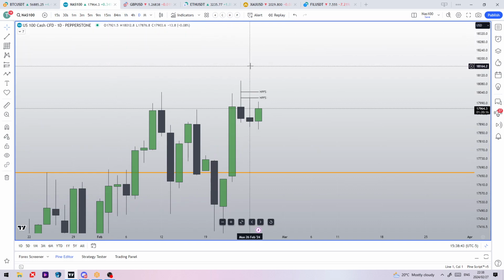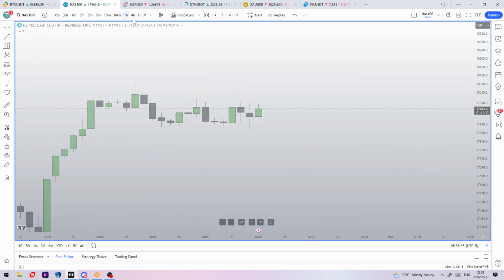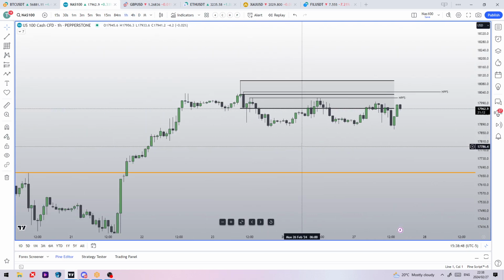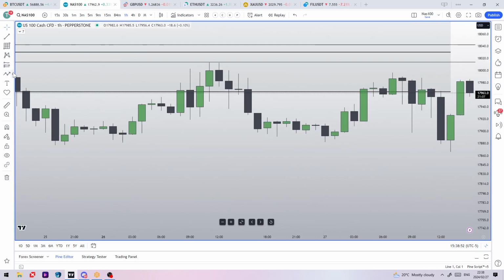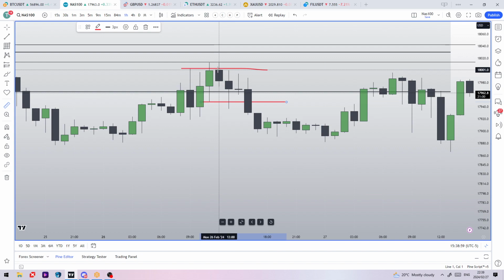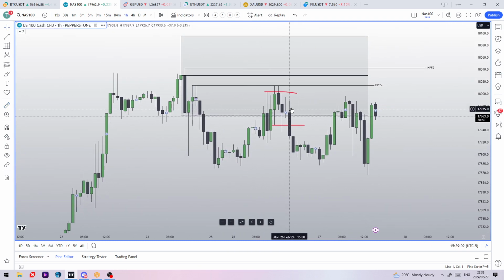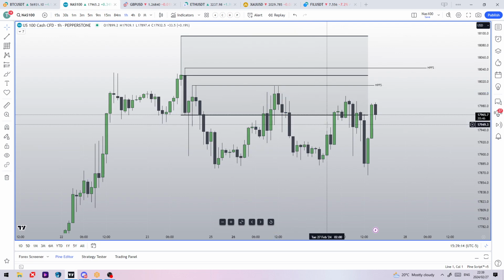Use that on a daily, on an H4, on an H1. You could frame ideas all over the show based purely on this. Some of you, 15 points are enough. This is 50. Find the idea of willingness, frame the draw.